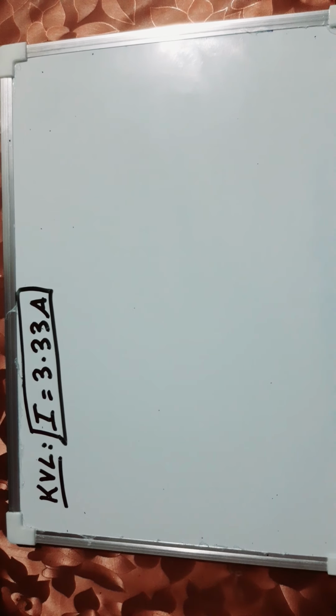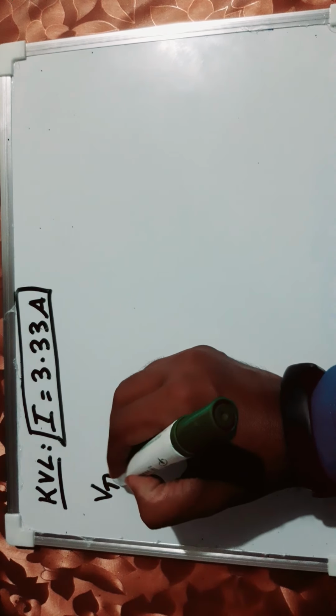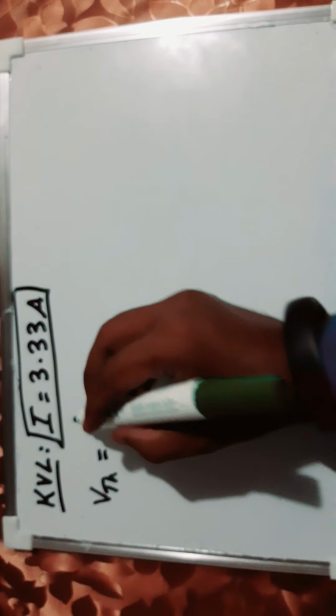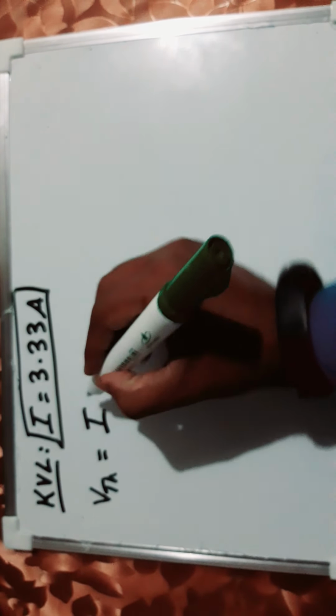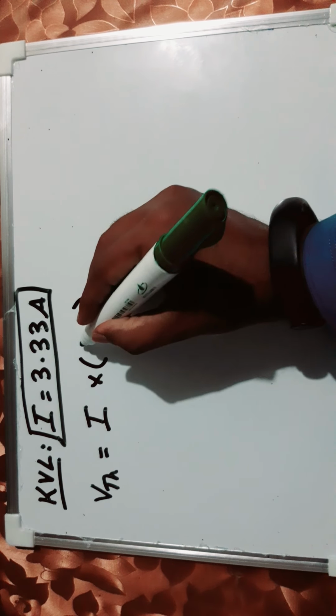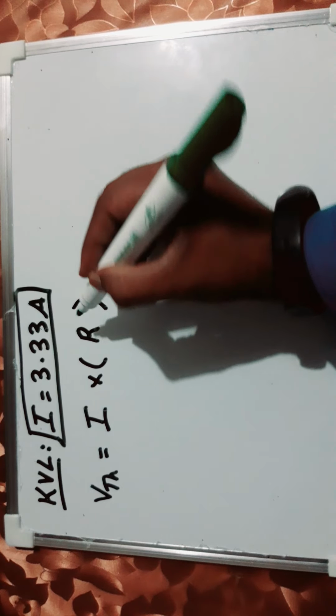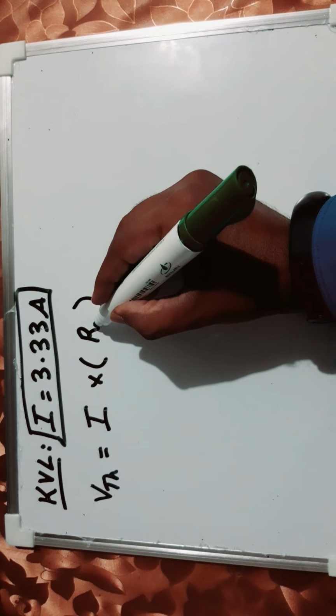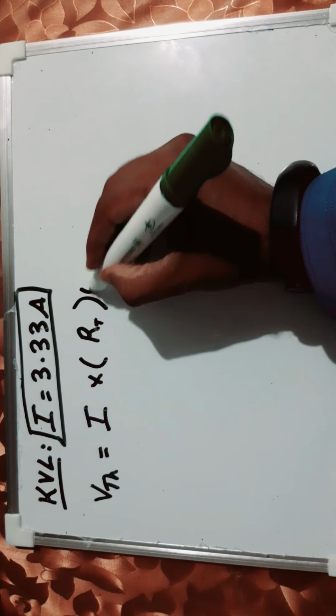So now when we have the current value, we have to find the Thevenin equivalent voltage. Now what is Thevenin equivalent voltage? Thevenin equivalent voltage is I into the total resistance in the branch.